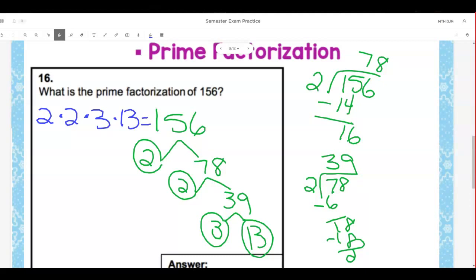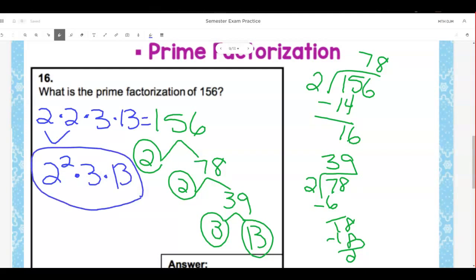Because this is an expanded form. It's not in the final factor form because look, we got 2 2's here. And when I have 2 2's like this, I'm going to change that to use an exponent. 2 to the second power. I have 1 3 and I have 1 13. It looks like a B, but it's a 13. 2 squared times 3 times 13.